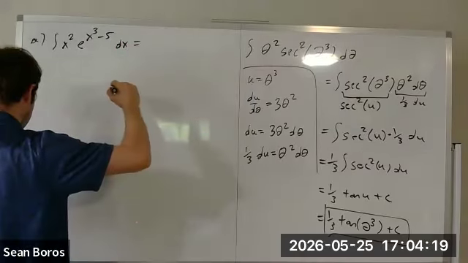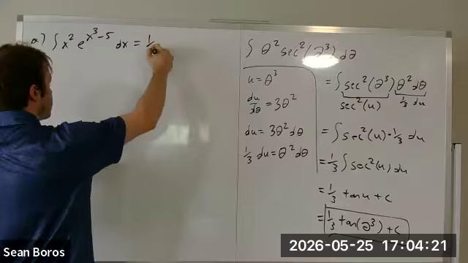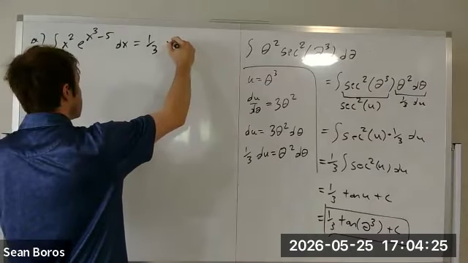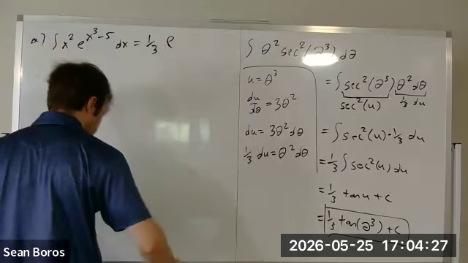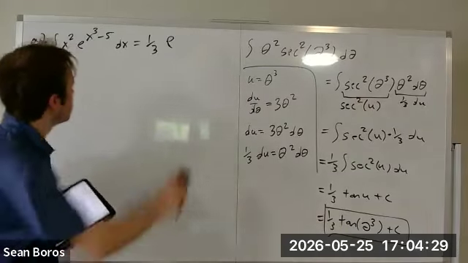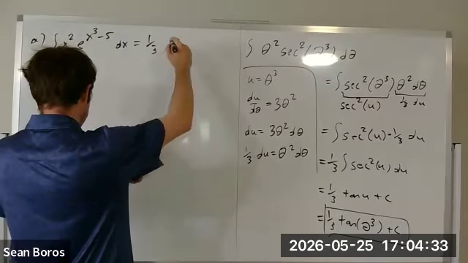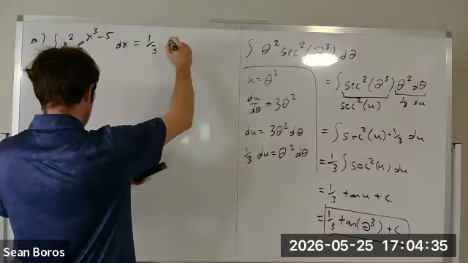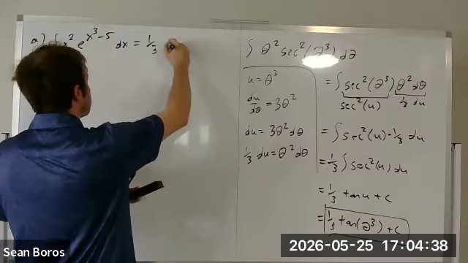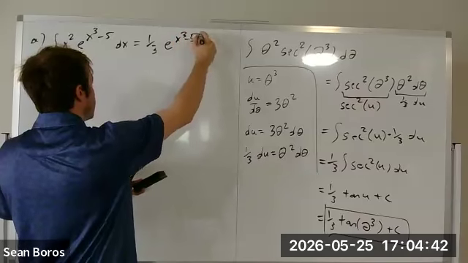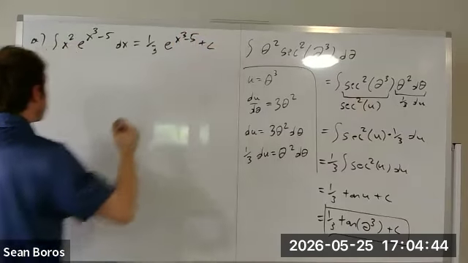And the answer there is going to be 1/3 e to the power of x cubed minus 5 plus c.